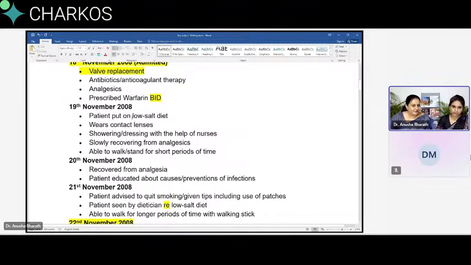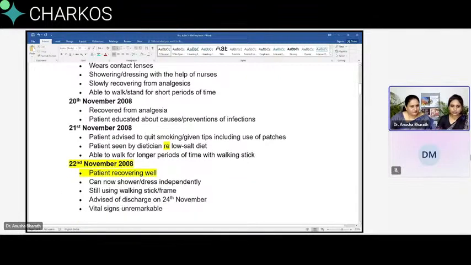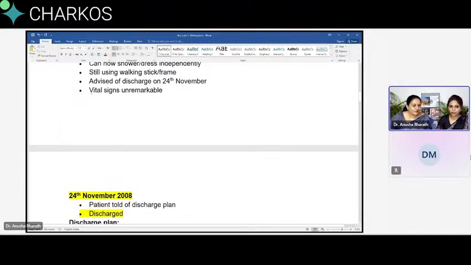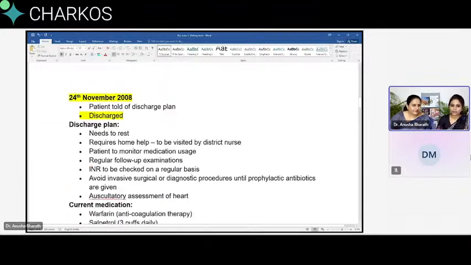If you look at the 19th November, again, we don't have anything. She just requires the help of nurses for showering and dressing because that is the very next day after surgery. Yes. So if you're looking at the 22nd of November, the fifth day after the surgery, it says that the patient is recovering well and is able to shower and dress independently, but still uses a walking stick or frame. Other important thing is the vital signs being unremarkable. So these are pointers that will go into our second paragraph.